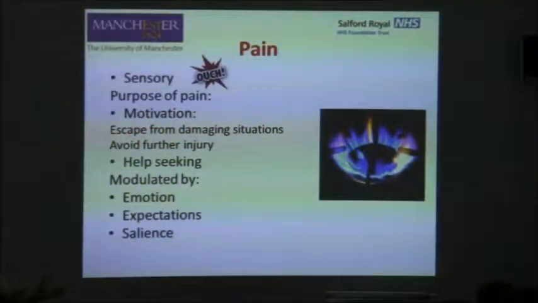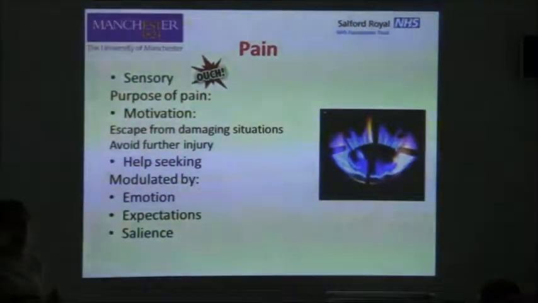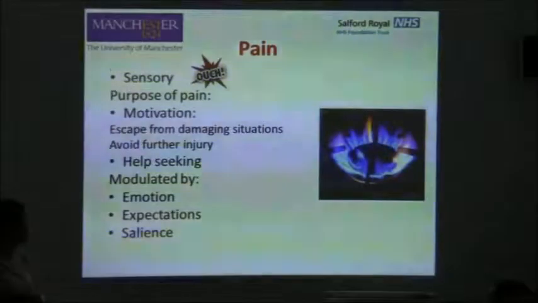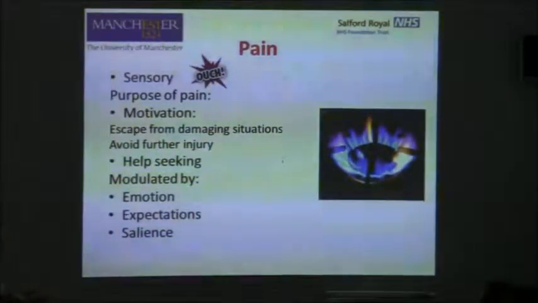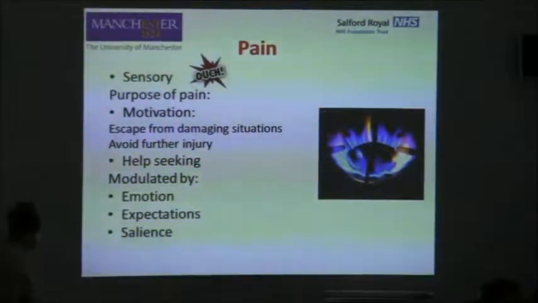Our expectations also modulate pain. So if you're expecting pain to be low or not to be bad, everything's going to be okay, and you have a pain stimulus, you'll experience this extremely differently to if you're expecting it to be very painful and stressful. And finally, this concept called salience. So this is, if you're interpreting pain as a very motivational, important and attention-grabbing thing, and something that could be very dangerous to you, then again, that will seem a lot worse than if you're not really paying attention to it.